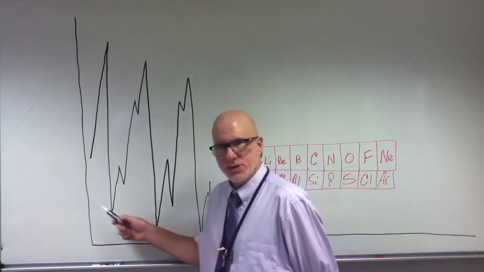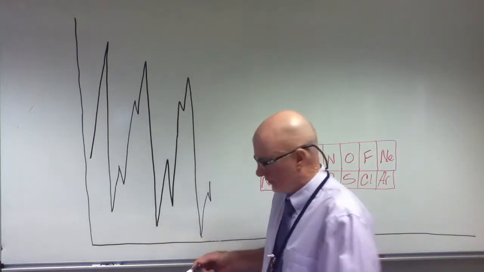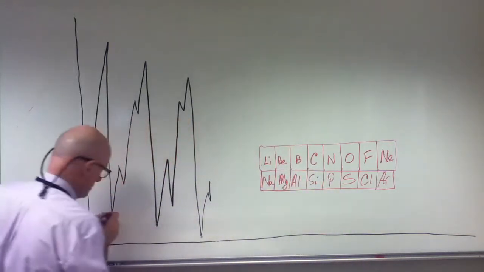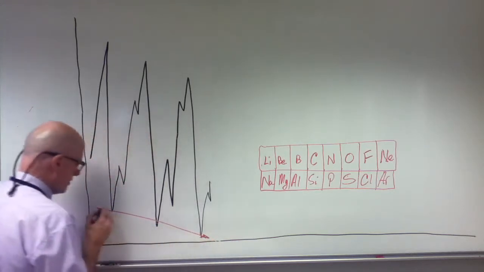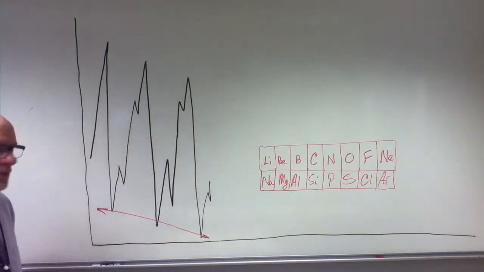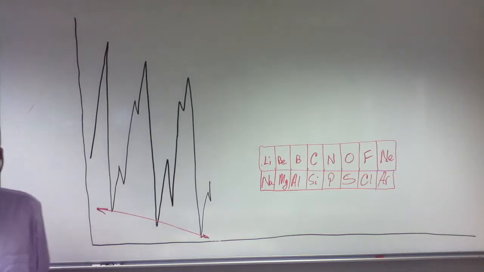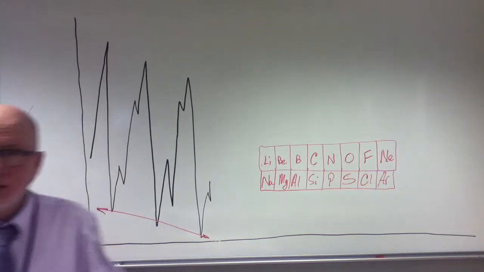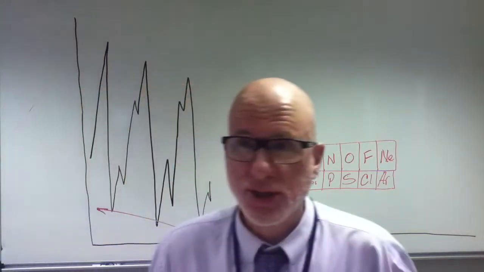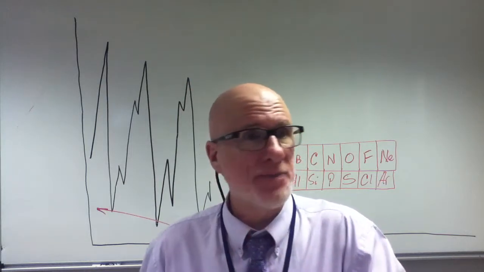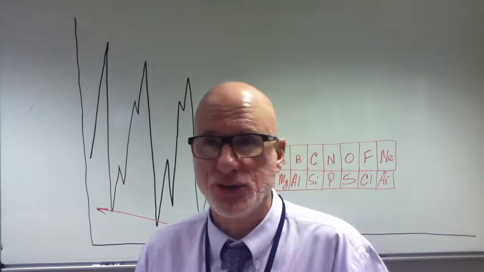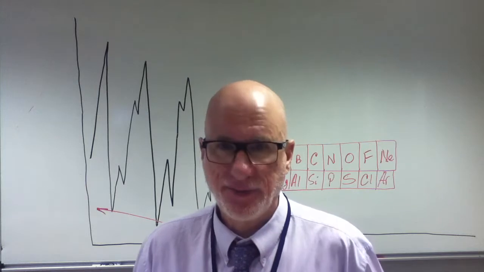The lowest. Those are the alkali metals. That's right. They have the lowest ionization energies. So on your graph, that's something that's important to denote. That gives you some perspective.